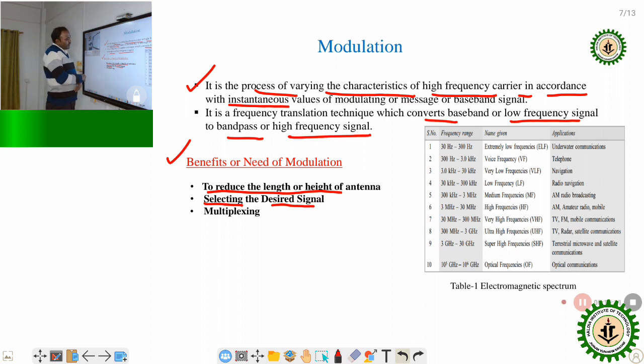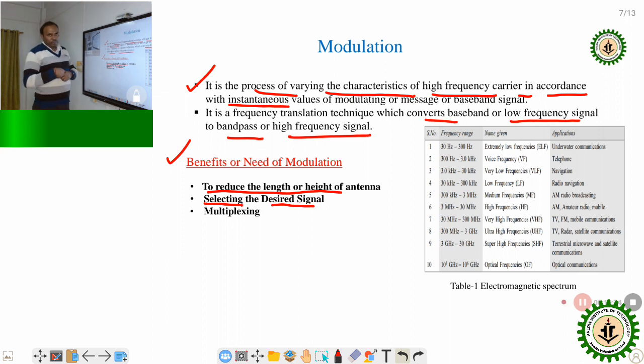That means, suppose you want to transmit different audio signals and you have used different modulation techniques, so different radio stations or different sources have used different modulation frequencies, carrier frequencies, to transmit the signals.